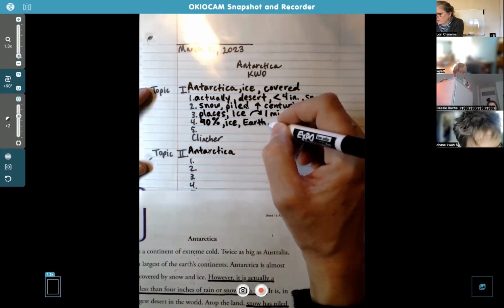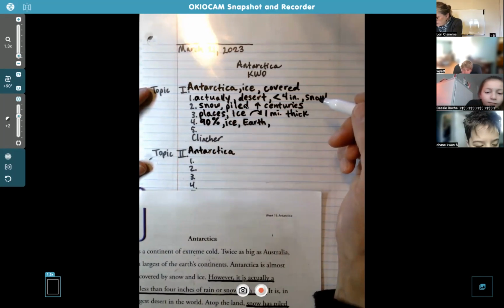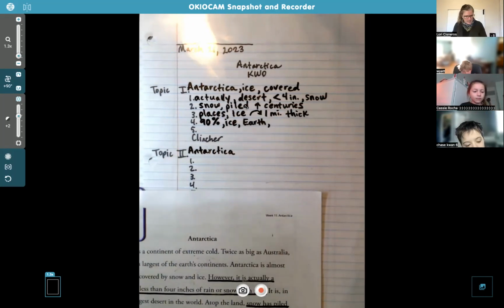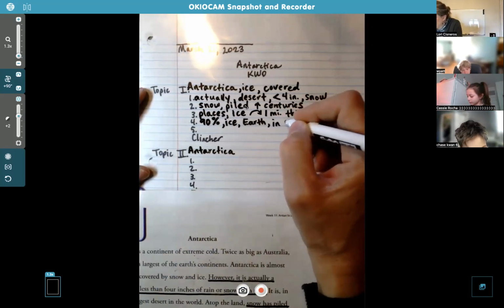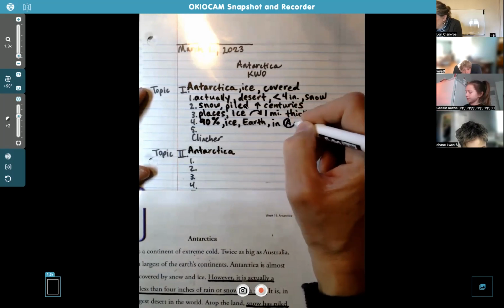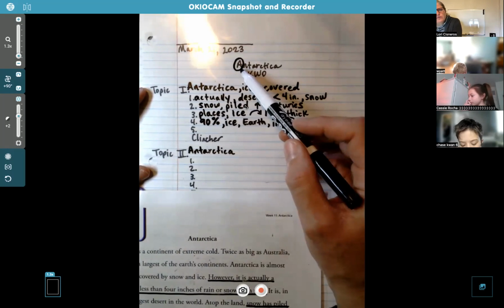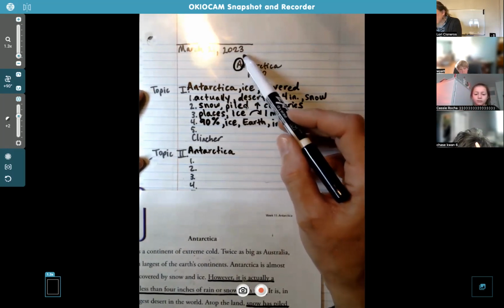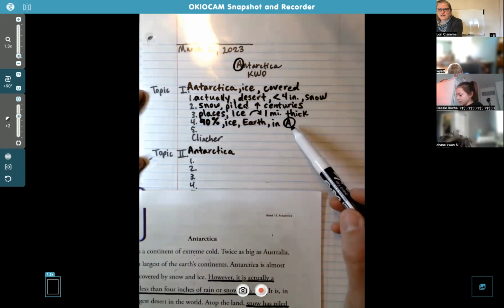And then it's found in Antarctica. I think we need the word in, and I'm wondering if we could just do an A with a circle around it. Remember how we've done that before in other stories? We make it a symbol when it's the name of the subject. We can circle A up here for Antarctica, and now we know when the A is circled, it's going to represent Antarctica.